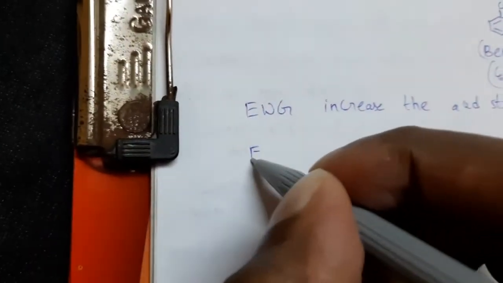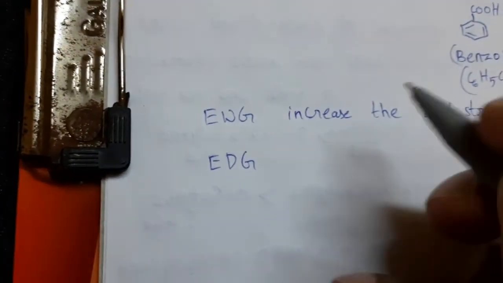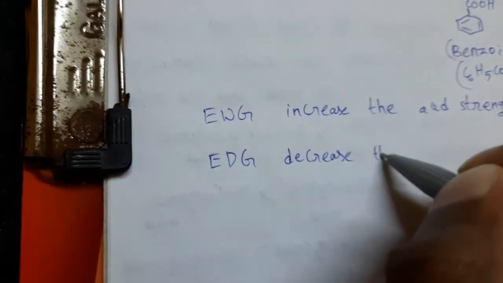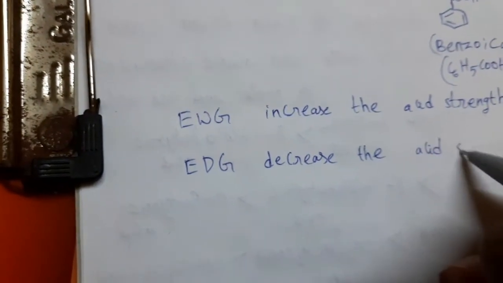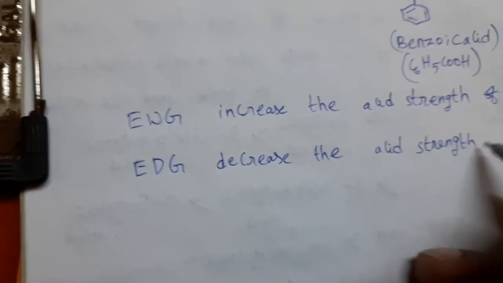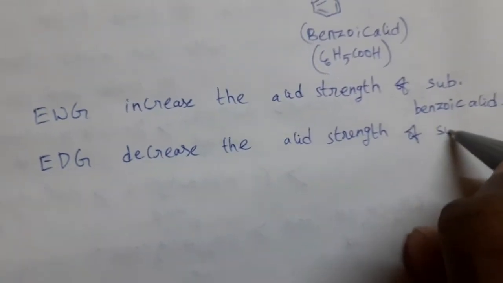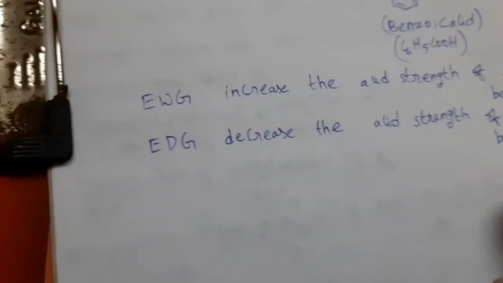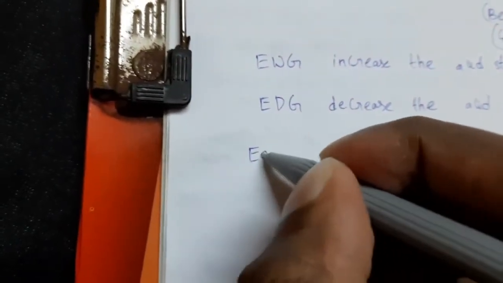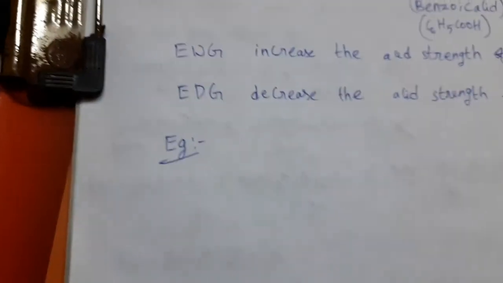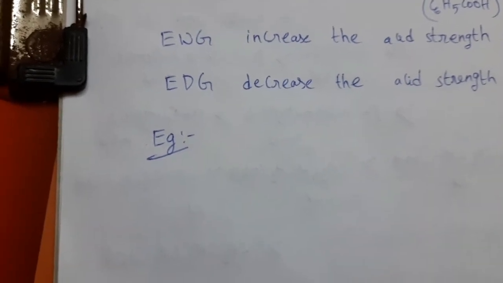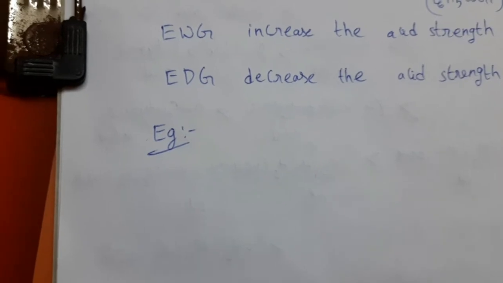And electron donating groups or electron donating substituents decrease the acid strength of substituted benzoic acid. Now see the example. Electron withdrawing groups means NO2, Cl, chlorine, nitro group, and CN, these type of groups. Electron donating means alkyl groups. Now see the order.